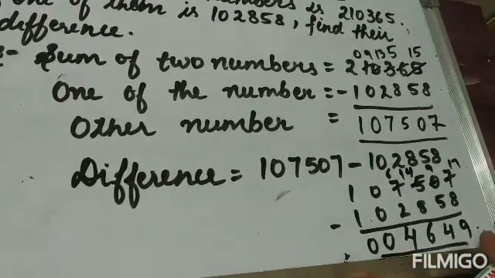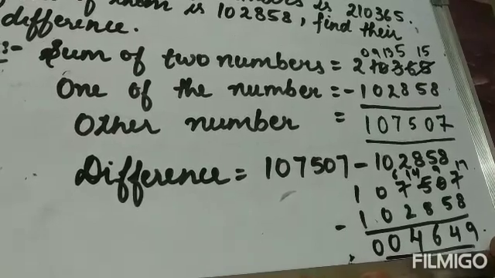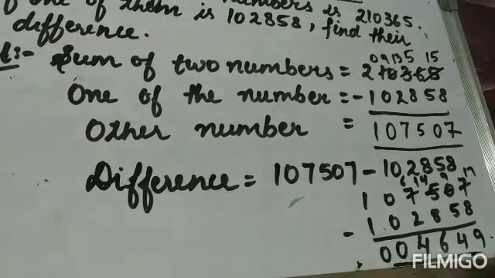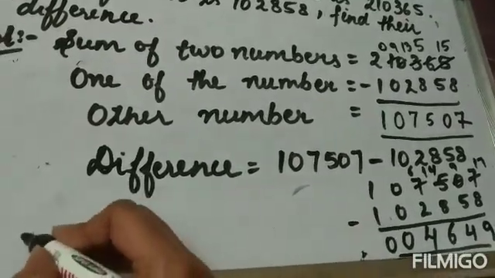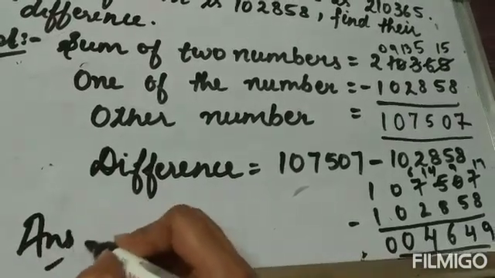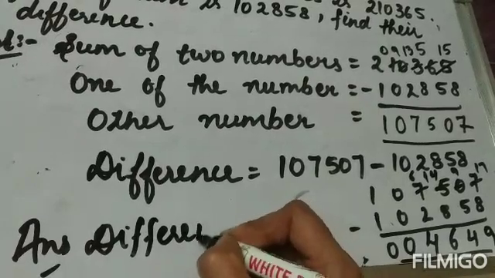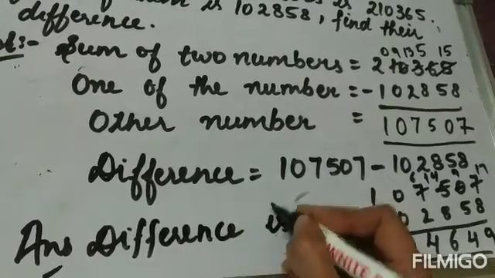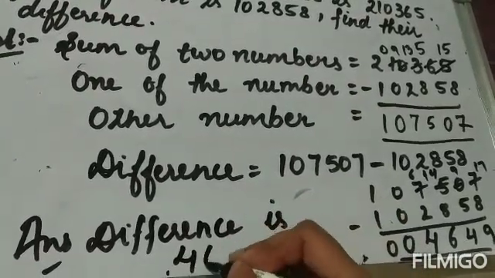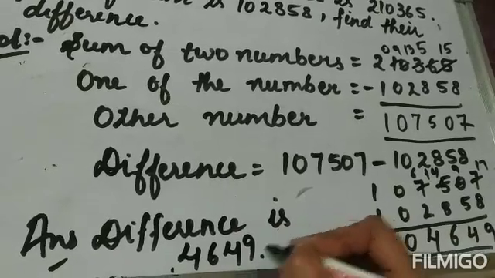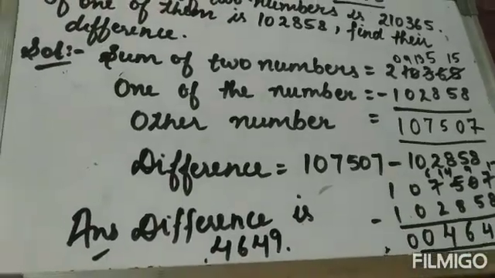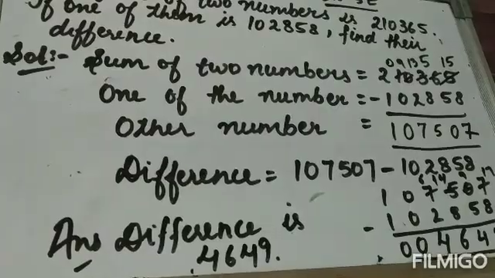Okay, so the difference is 4,649. So you will write answer, difference is 4,649. Okay, so this way you will solve question number one.